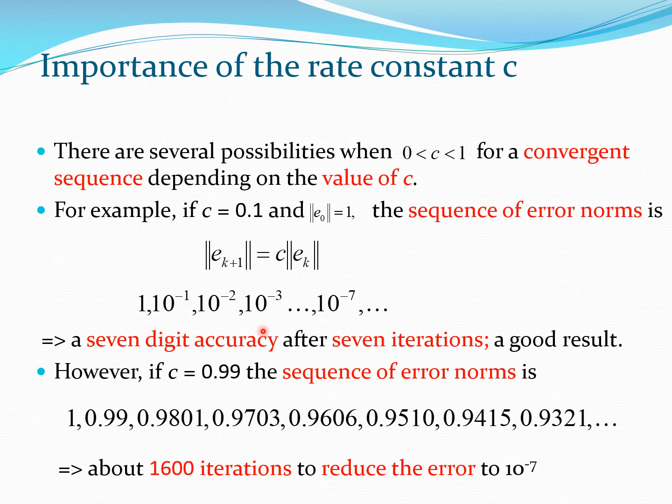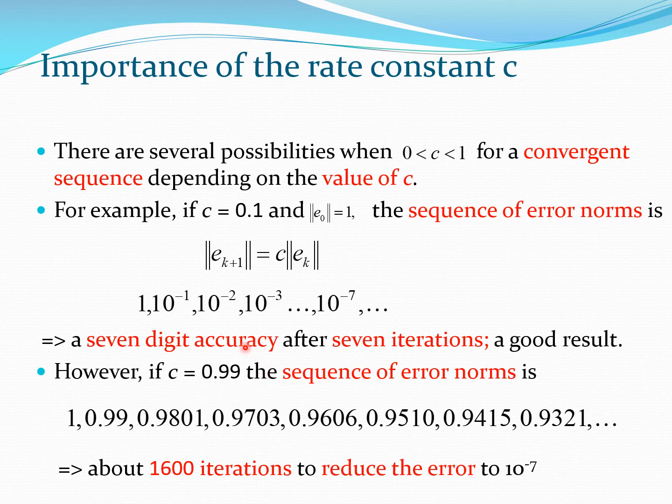And very quickly your e_{k+1} keeps reducing, and you find that 10 to the power of minus 7 is reached very quickly within k equal to 7, which we can consider is a good result. So if you are seeing these numbers coming out on your computer, you are going to be extremely pleased with your method.